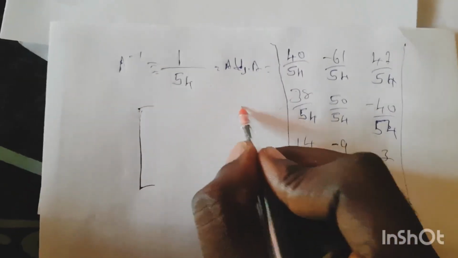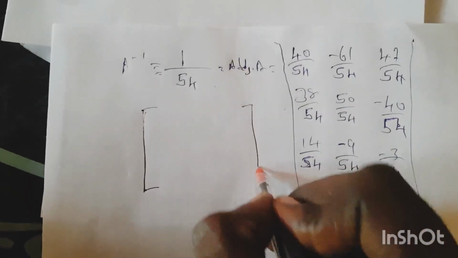Okay, now we are going to divide all this. So the answer you get, we are going to form it as a matrix. So your A inverse is going to be equal to whatever you get from this place.